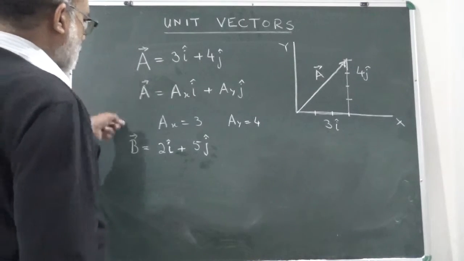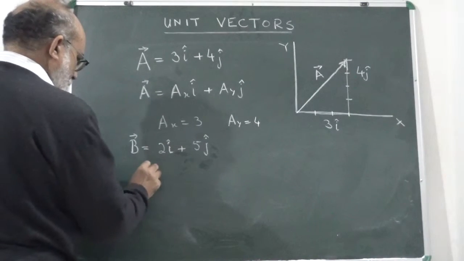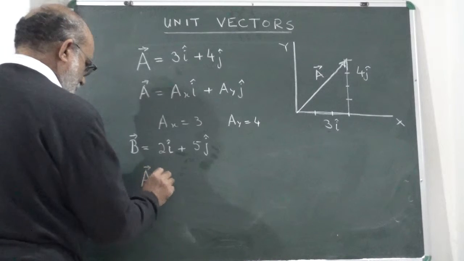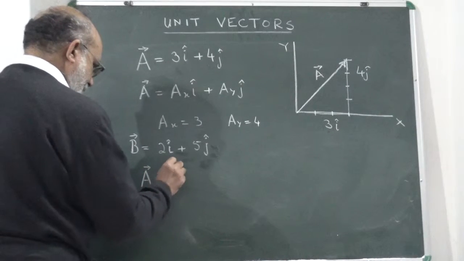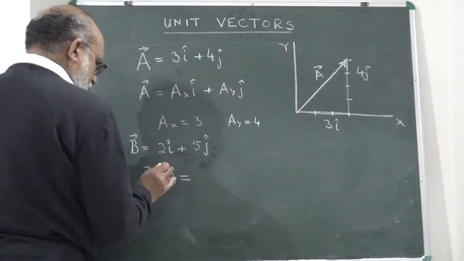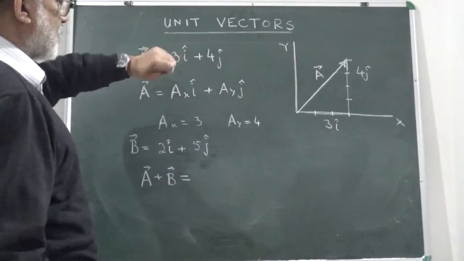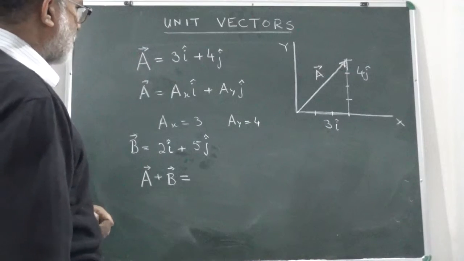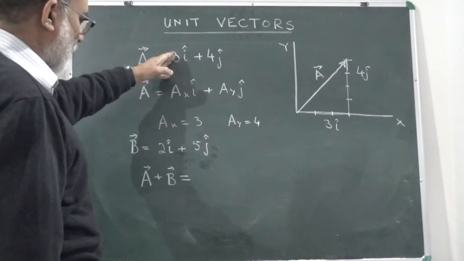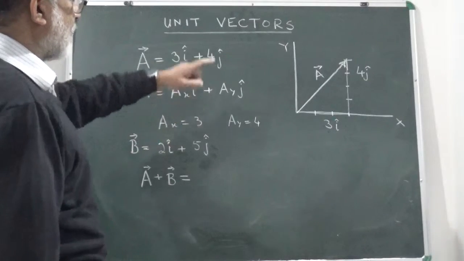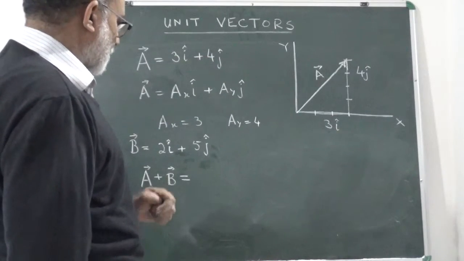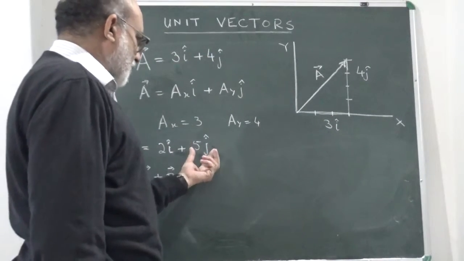Now if you want to add these two, in order to add, we resolve all the vectors into their x and y components. The sum of all the x components gives the x component of the resultant, and the sum of all the y components gives the y component of the resultant.